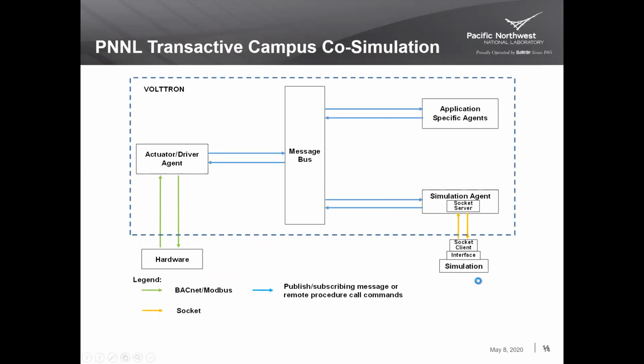This is an overview of how we would deploy this in a co-simulation environment, where we have our applications or TCC agents running, and then we might have a building over here running TCC, communicating with real hardware, and then a simulated building also running TCC and communicating with some simulation engine.